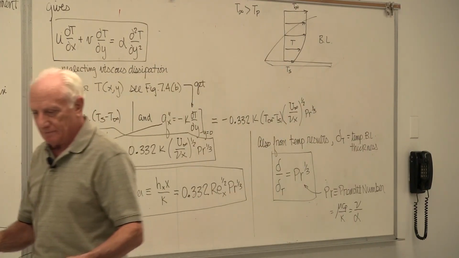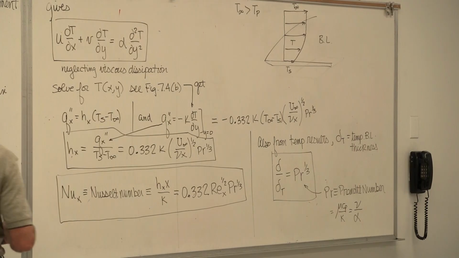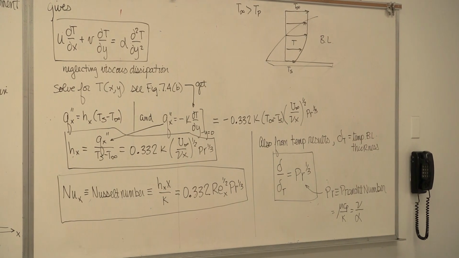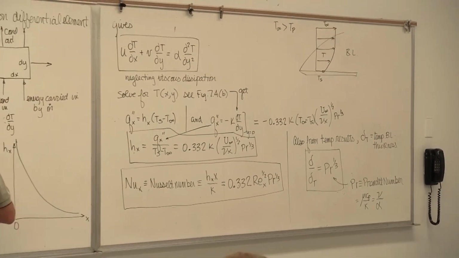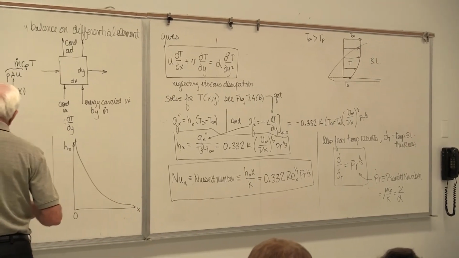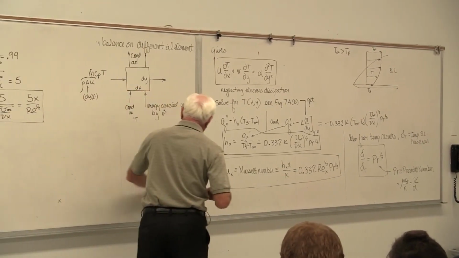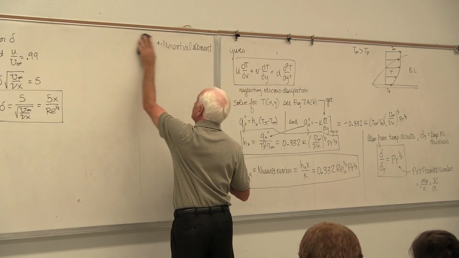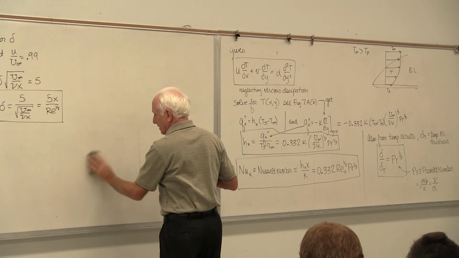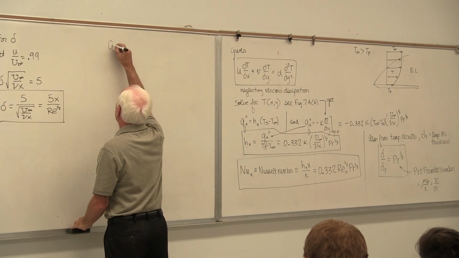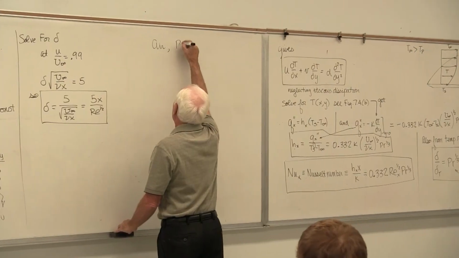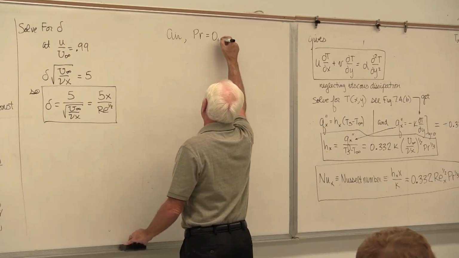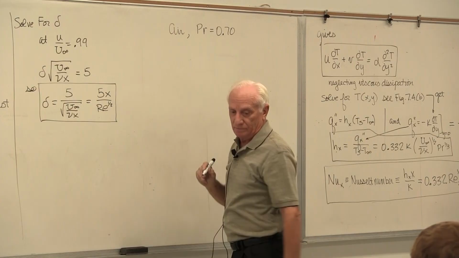Let's take a look at what that means about the relative size of the boundary layers. Let's take a couple fluids at normal ambient conditions. Let's take air. Prandtl number is, at general conditions, about 0.70.